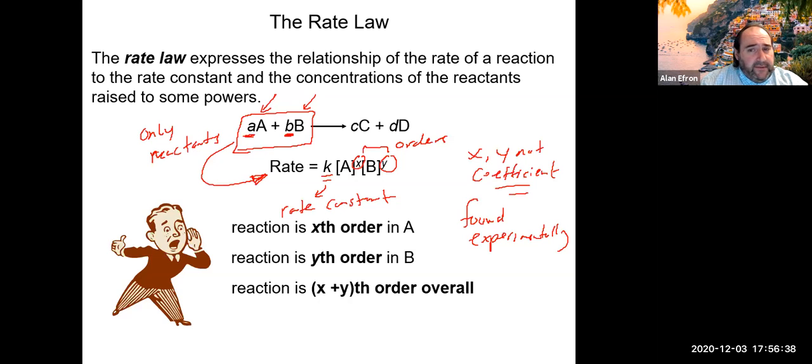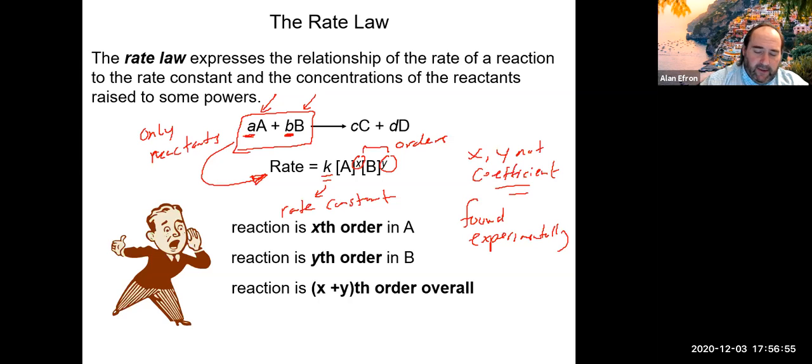You can use that table and do some calculations to figure out the actual values of X and Y based on the experimental information. And once you do that, you can then figure out the value of the rate constant.